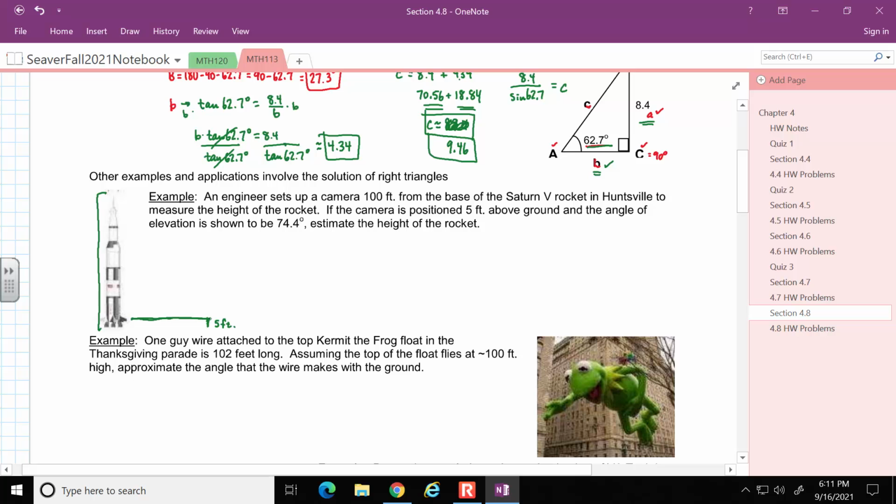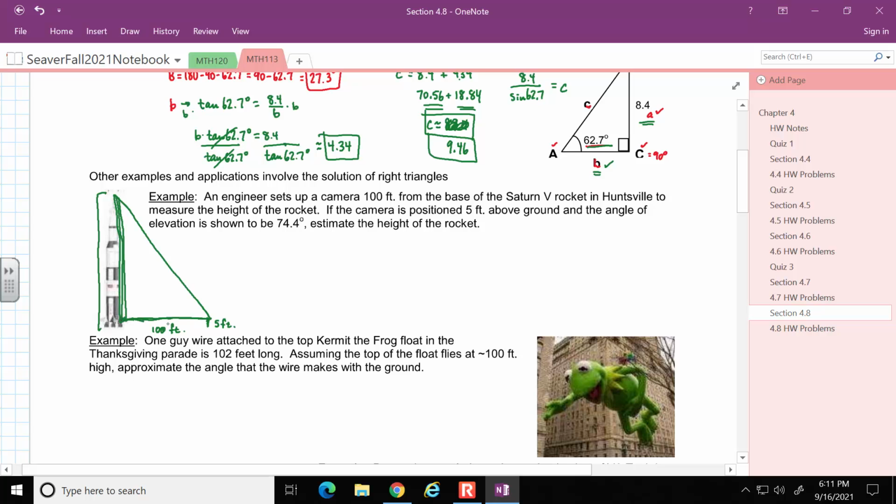That's what I'm looking for. But here's my camera, and I've kind of positioned it. It looks like 100 feet from the base of the rocket, and I'm measuring up to here. So I've kind of got this triangle here. I should probably draw it that way. Sorry, looking kind of messy, but so I got 100 feet.